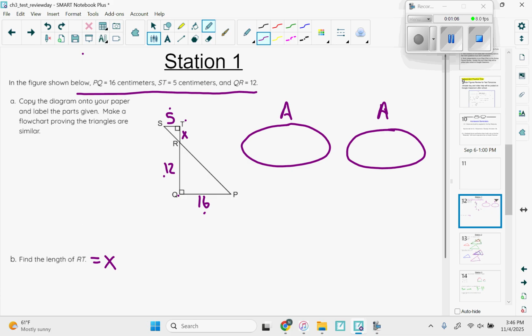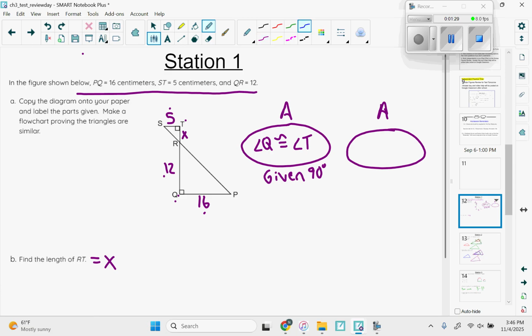And in one of my bubbles, I'm going to say what is given in this problem. And what we're given is angle Q and angle T are both 90 degrees. And so they are congruent. Okay. And so now I need to look for a second pair of congruent angles.